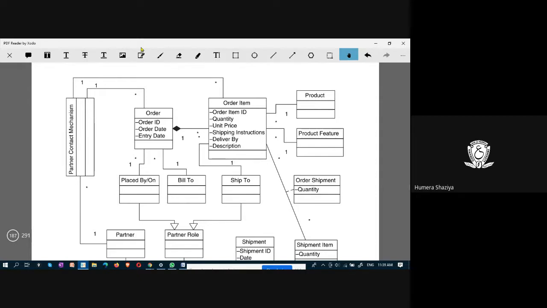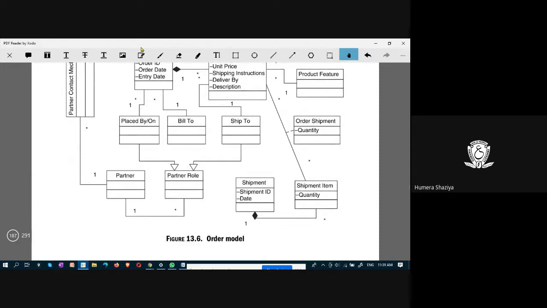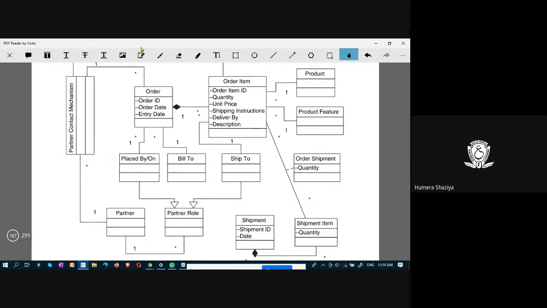It is like that. Every product has its feature, and placed by information, to whom the bill should be sent, where it should be shipped, and order shipment quantity, and then partner role, shipment item.